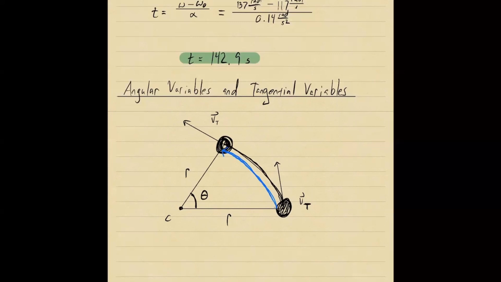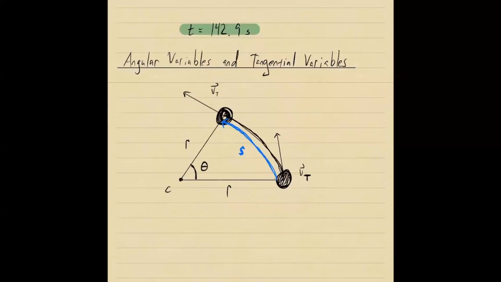This distance right here is called the arc length. We're going to call this S. So it's just the length of the piece of pizza crust that we travel as we go around in uniform circular motion. So that's just our arc length there.